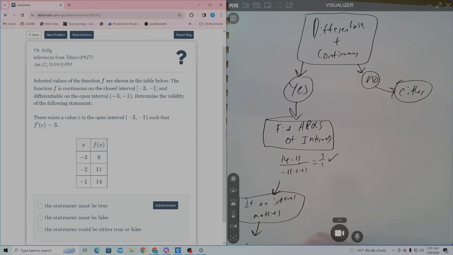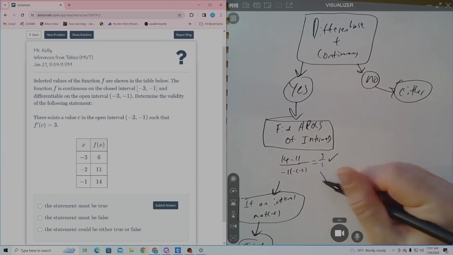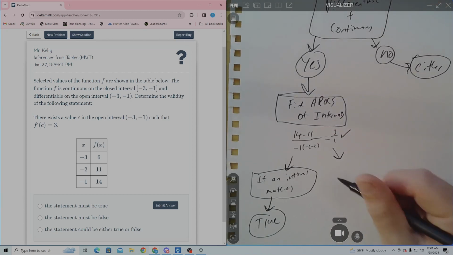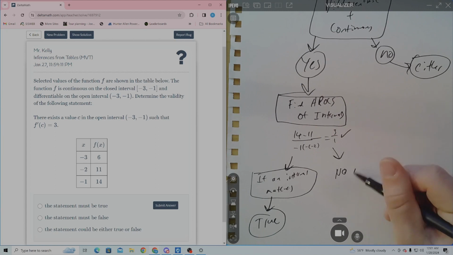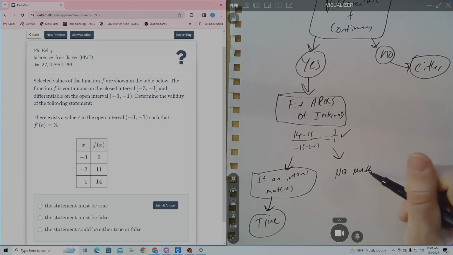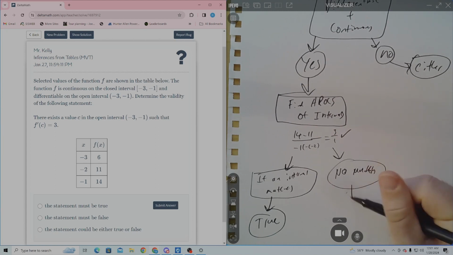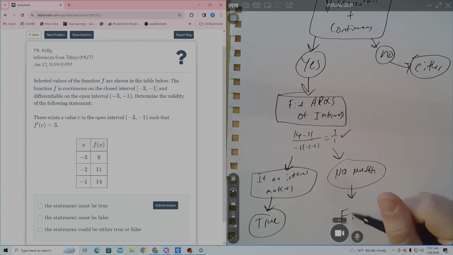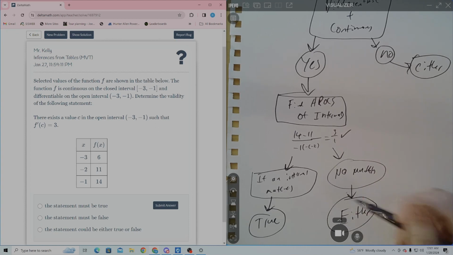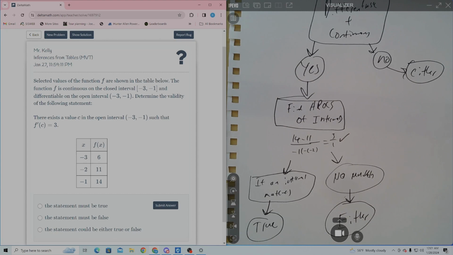It is true. Okay. If it does not match, no match, then it is either. Okay. So this one is going to be true.